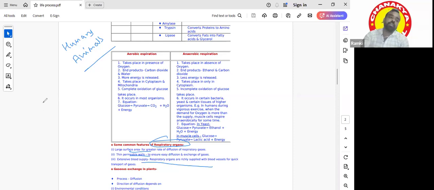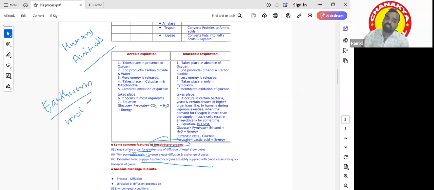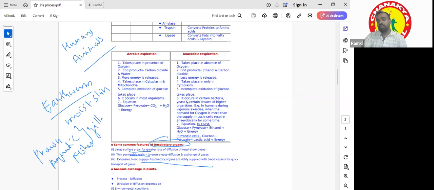Okay, earthworm breathes through skin. That is called moist skin. Then prawns and aquatic organisms, fishes, have gills for breathing. The only organism which has three kinds of breathing is the frog.